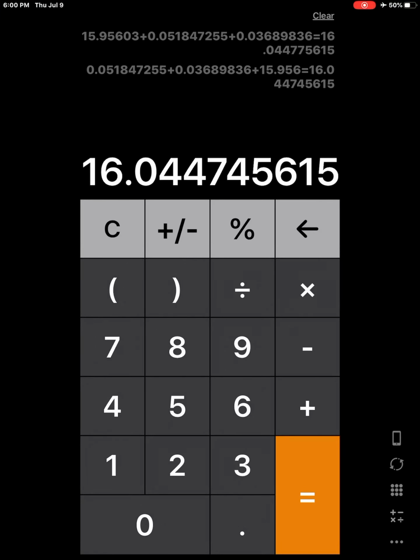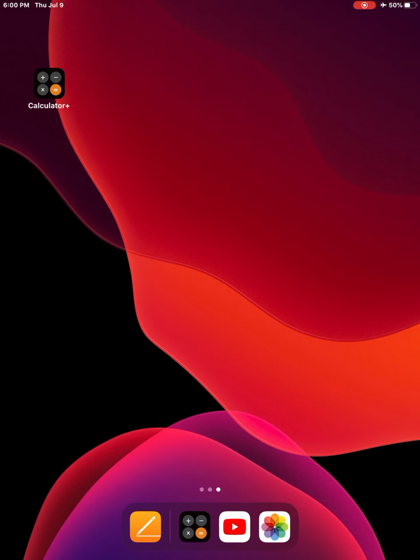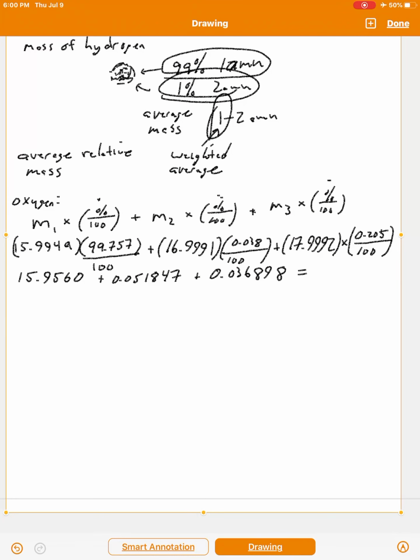Seems like a little high, 16.04. So what I'm going to do is I'm going to go ahead and check these calculations. I don't trust that that number is correct, so I'm going to go right through it again. And I'll show you why I don't trust it.